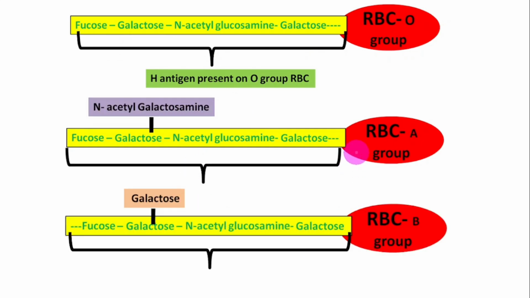This is the basic structure which is called H antigen present on O blood group. Then this is the A blood group. The same H antigen now has one additional sugar unit which is N-acetyl galactosamine. And in B blood group, there is galactose. Okay, so the basic structure of H antigen is same in all three blood groups. So that's all about this question. Thank you so much for watching my video.